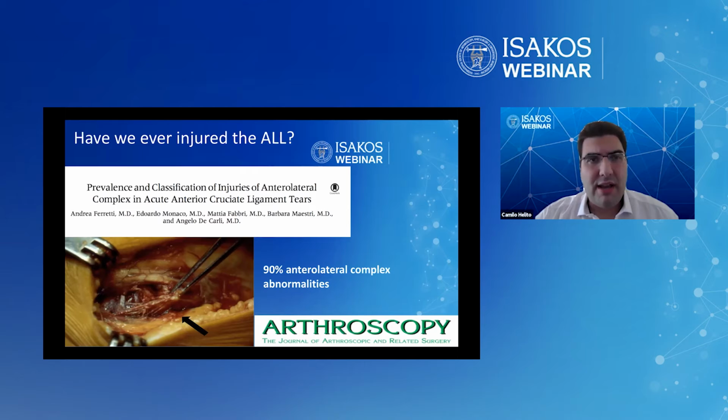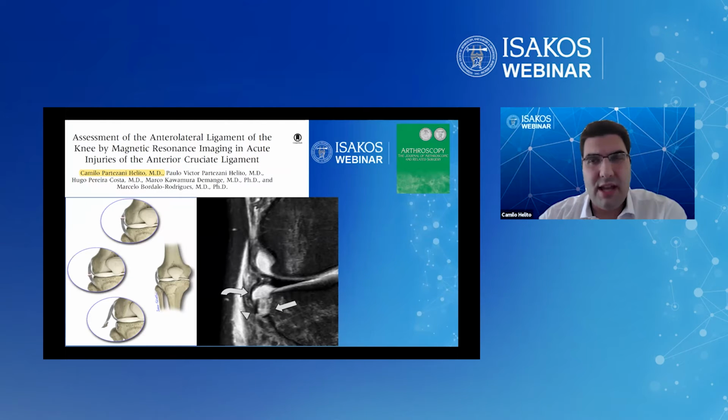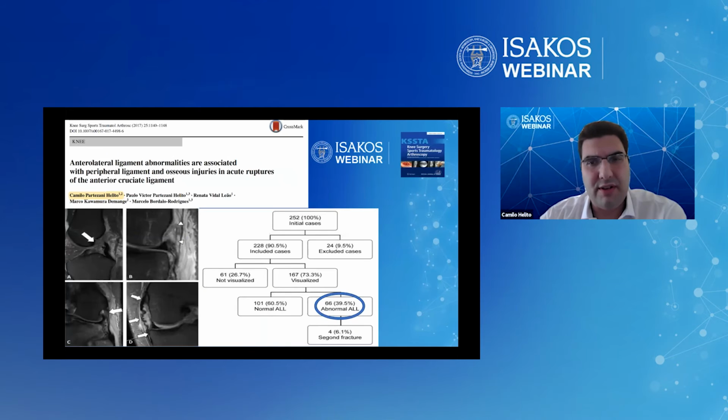Then the question is, have you ever injured the ALL? This great paper published by Professor Ferretti and Eduardo showed that in anterolateral exploration, you can find around 90% of anterolateral complex abnormalities. We tried to do this same search with MRI, and we published that in 2017.